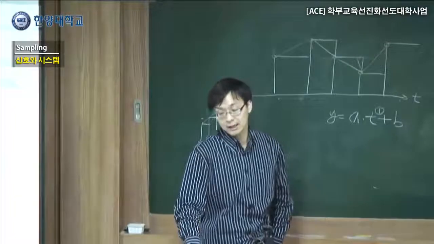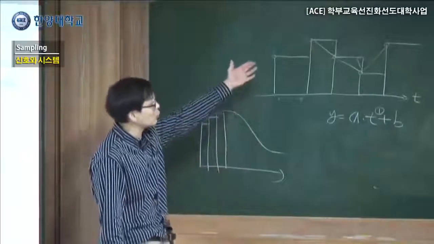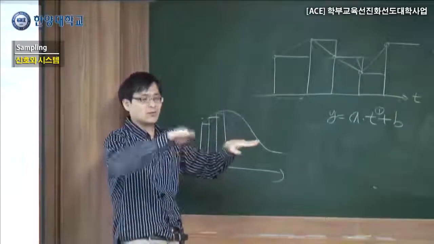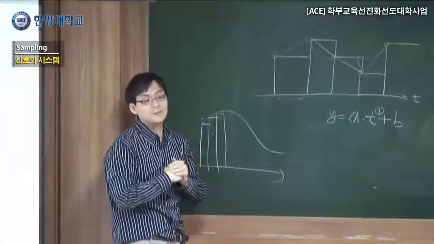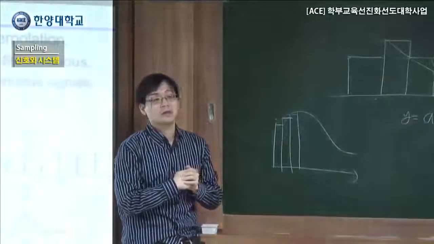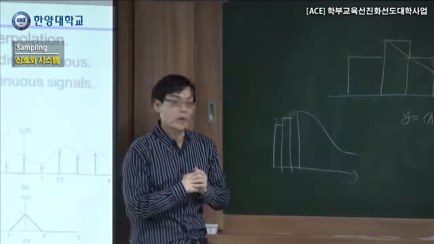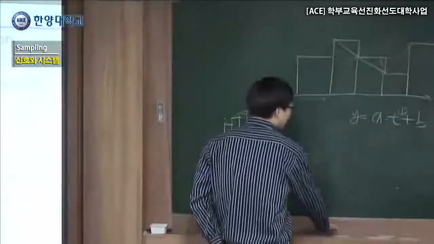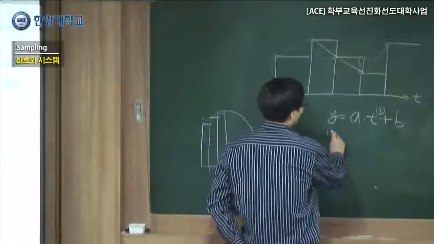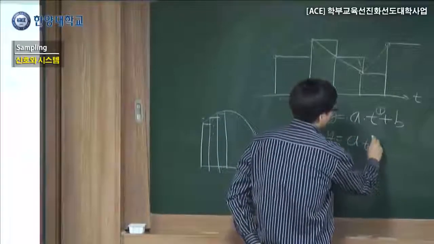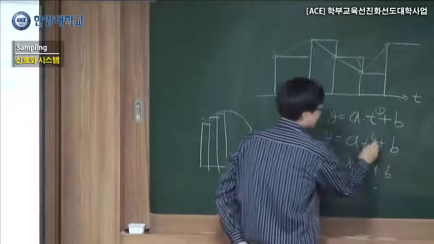Of course, if needed, as you can see, this yellow one, white one is kind of not so smooth, pretty sharp. If you want to have a smoother way, what you can do is connect them by y equals a t squared plus b, or a t cubed plus b, something like this.